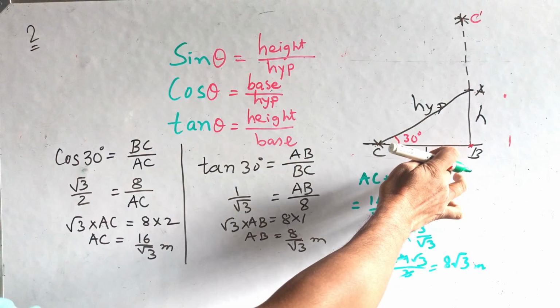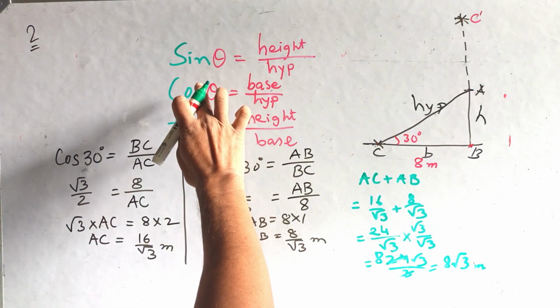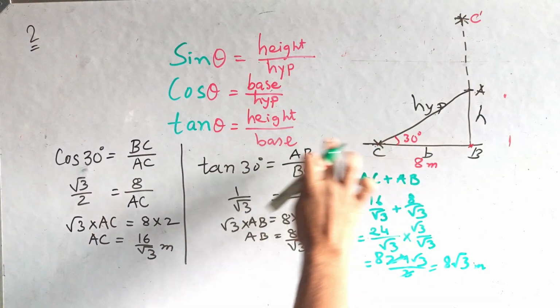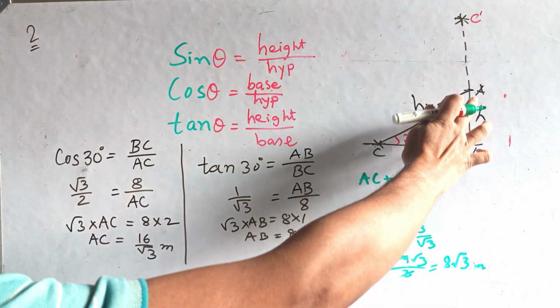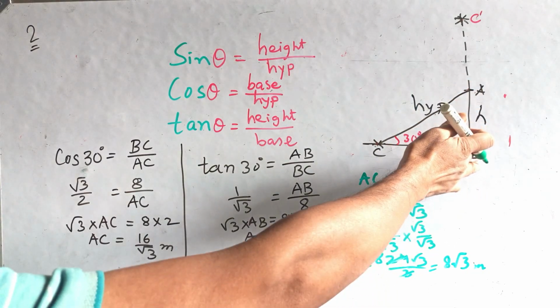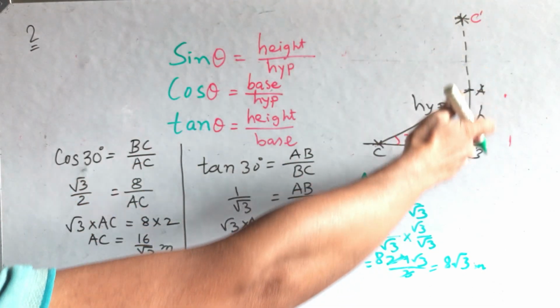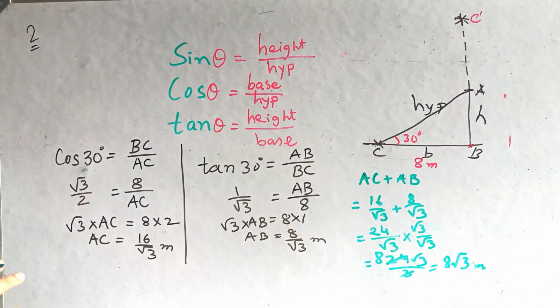Base is given and the angle is given. So using sine, cos and tan, first you find the hypotenuse and then you find the height. So height and hypotenuse if you add, you will get the height of the tree. This is the problem we have solved here.